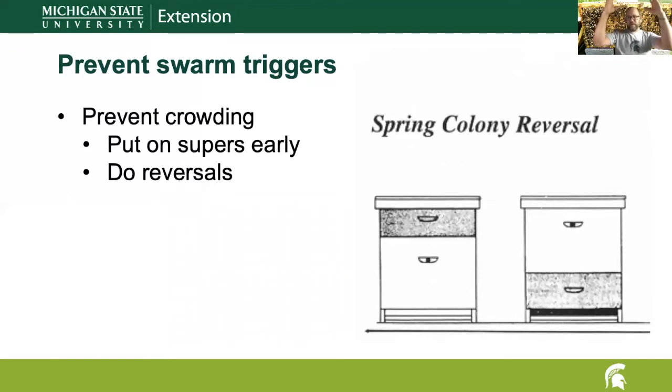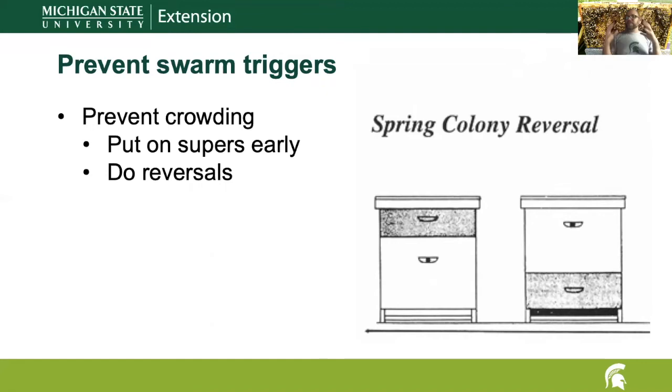And now you have space below, but you have no space above. So if you come out of winter and you have this colony that's building in the spring and you don't put space above it, it can swarm just in that box because it's not going to go back down into the box.